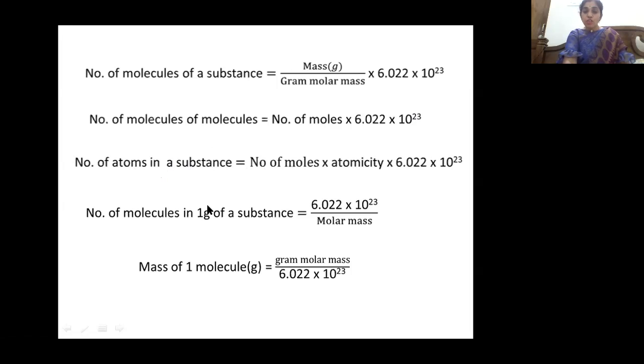Number of molecules in 1 gram of a substance is given by 6.022 into 10 to the power 23 by molar mass. Similarly, mass of 1 molecule in grams can be written as gram molar mass by 6.022 into 10 to the power 23.